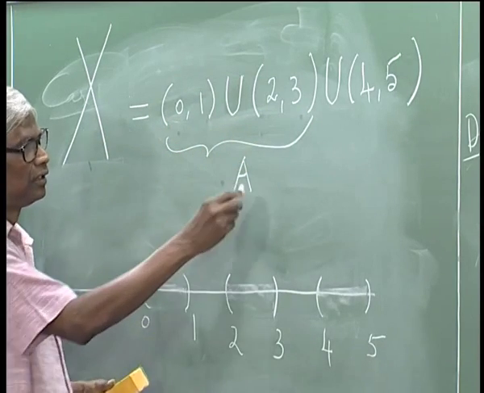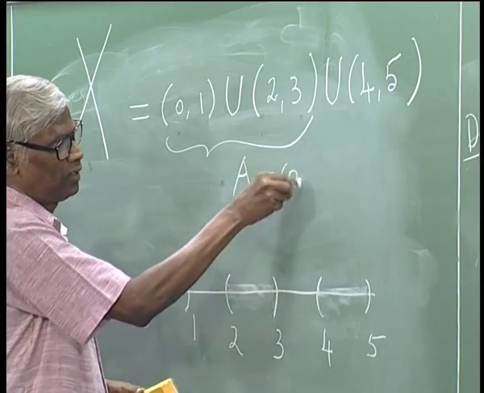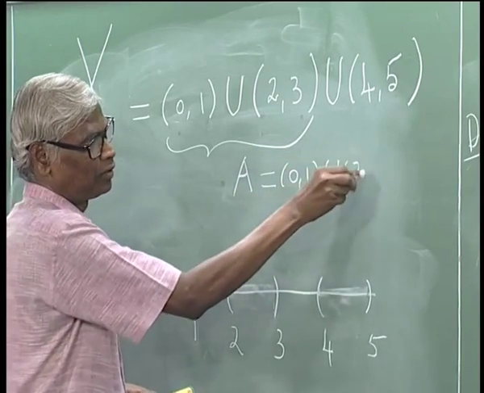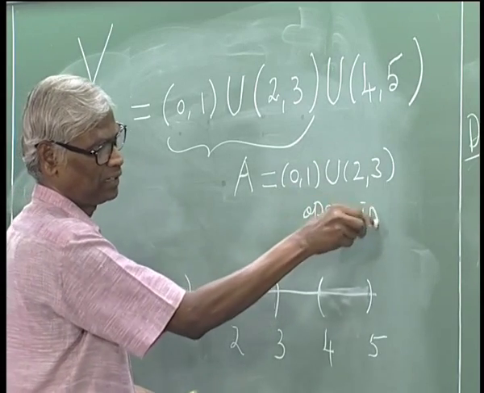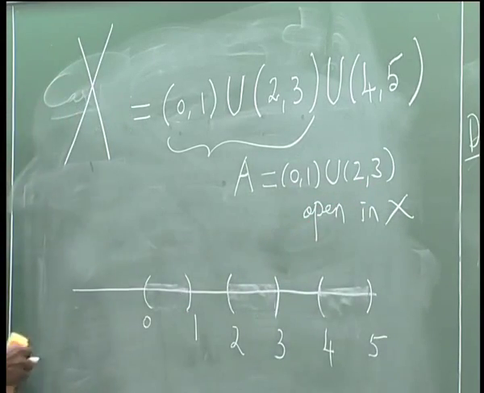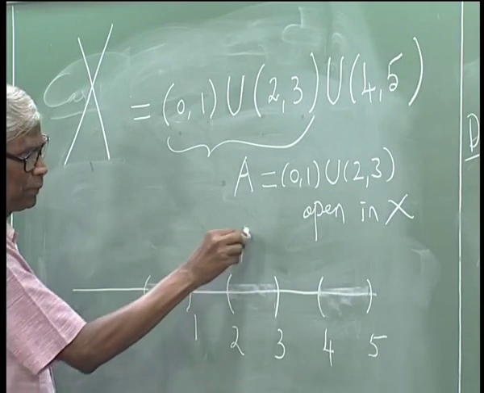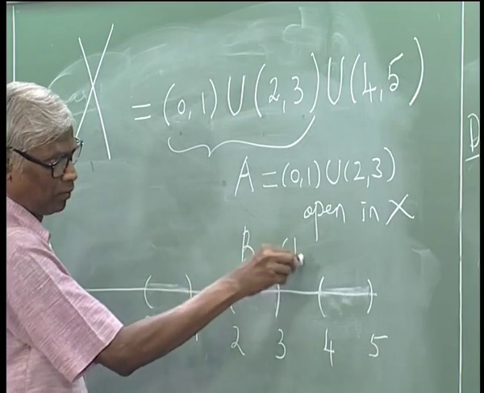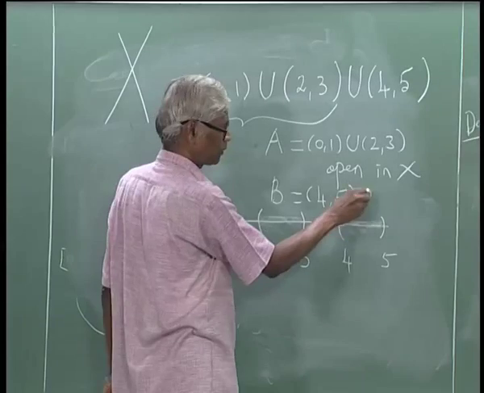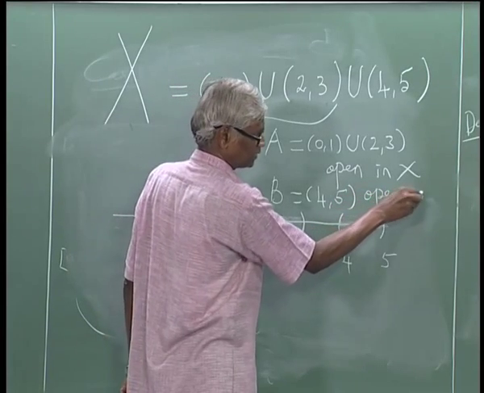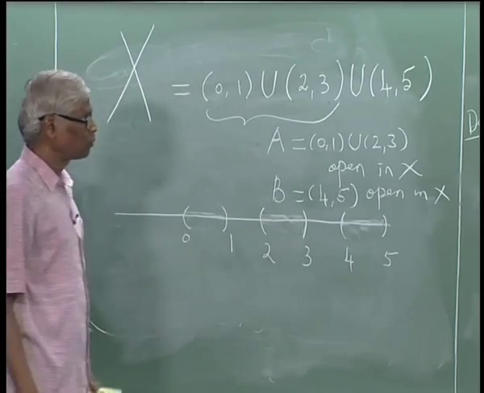So A is the open set (0, 1) union (2, 3), open in X, and B is the open interval (4, 5), again open in X. What is open in a subspace?